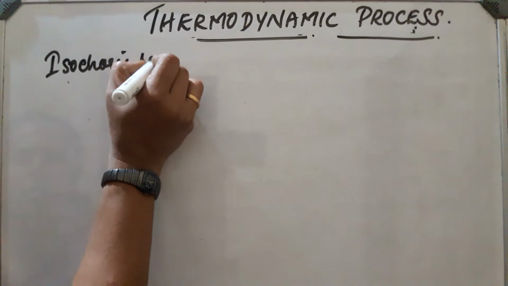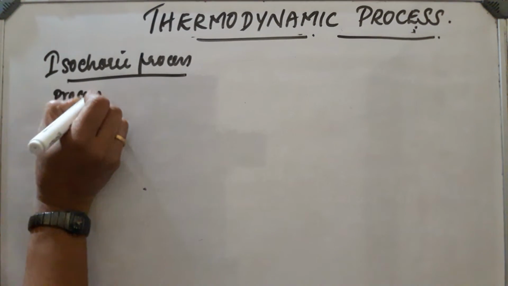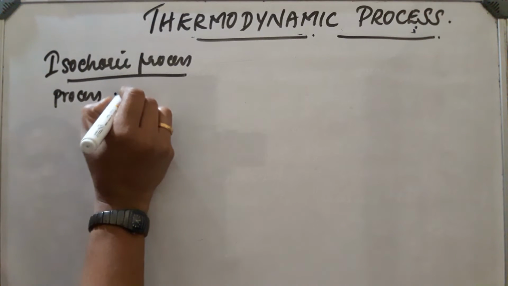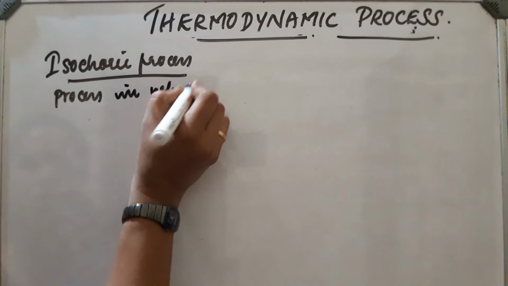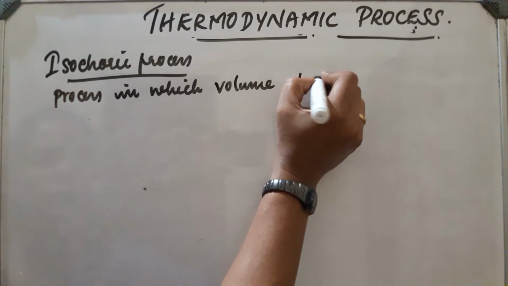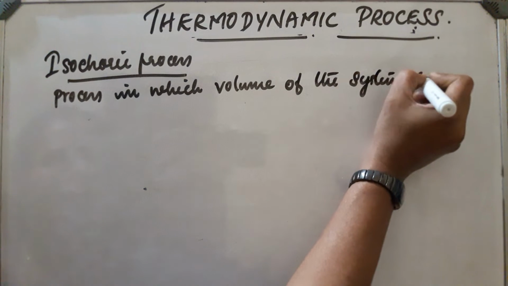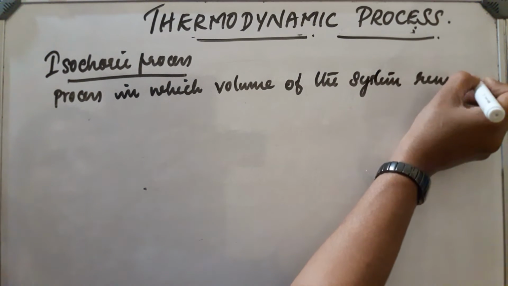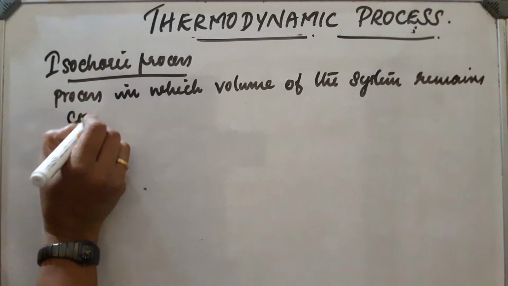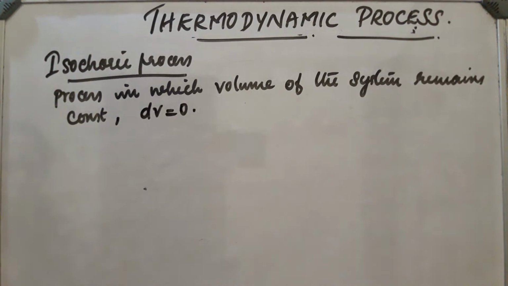A process in which the volume of the system remains constant, that is dV equals 0.